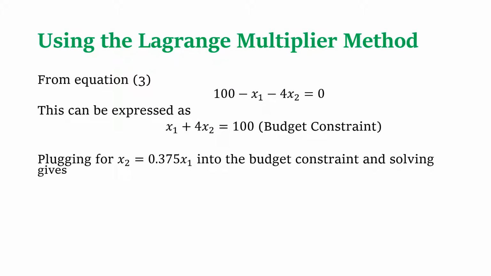So from equation 3, we have 100 minus x1 minus 4x2 equals 0, which implies x1 plus 4x2 equals 100. Now, what do we do with this? All we need to do now is to plug in for x2, which is what, 0.375 x1. In place of x2 there, we just plug it in and then we solve.